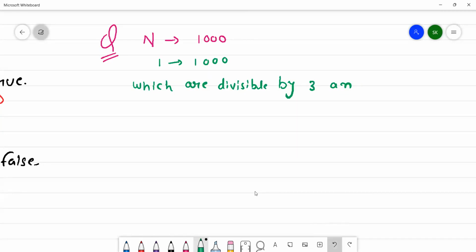Sorry, not and, either 3 or 5 or both. Is it clear? In between 1 to 1000, all the numbers which are divisible by either 3 or 5 or both. Obviously, if it is both, then it will be divisible by either 3 or 5. Then you need to print the count of those numbers.